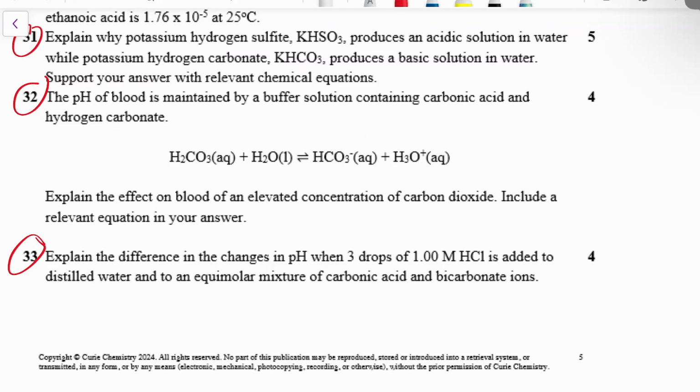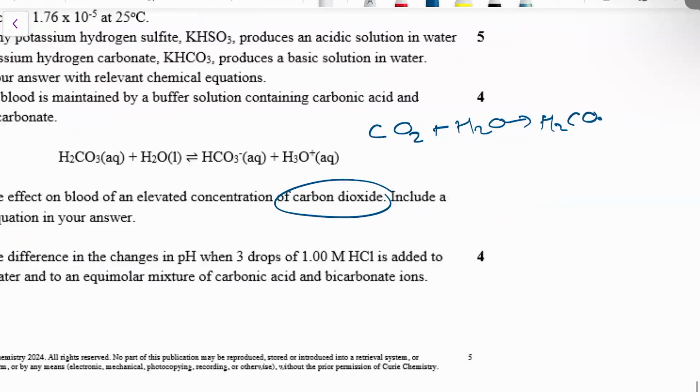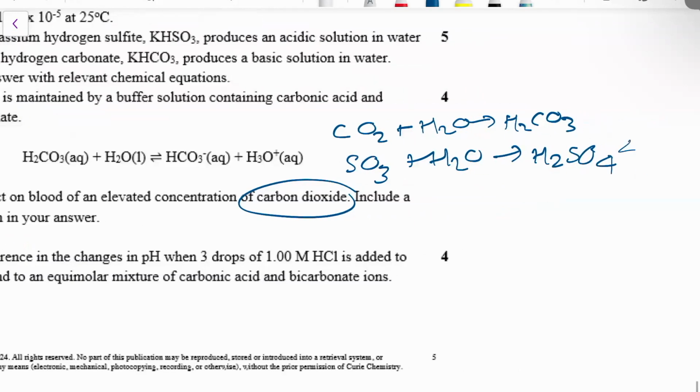Keep in mind this is true for the other polyatomic acids. So CO2 plus H2O turns into your H2CO3. If you have SO3, sulfur trioxide, with H2O, that makes your H2SO4. Just keep these equations in your pocket in case you need to apply them in a similar case. Another one: nitrogen dioxide plus H2O turns into your nitric acid.